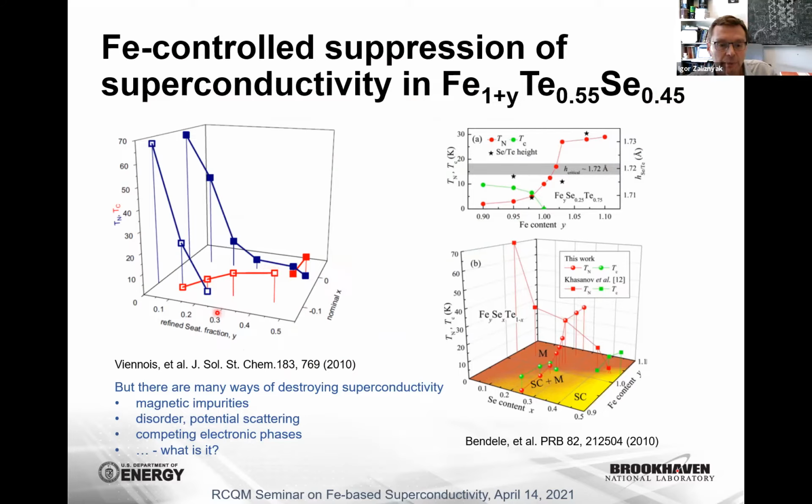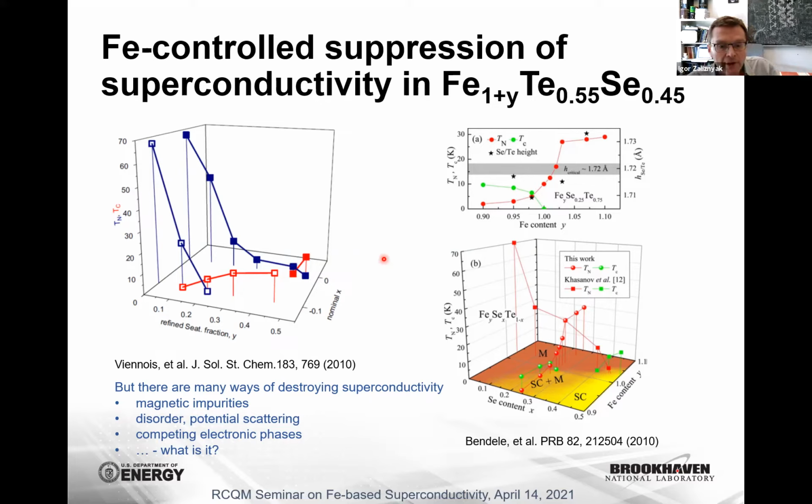at compositions between 0.3 and 0.5 selenium doping, you need iron-deficient materials. For nearly nominal iron content, even for selenium doping of 0.45, the material can be non-superconducting. So iron represents a substantial handle on the appearance or disappearance of superconductivity in the material.